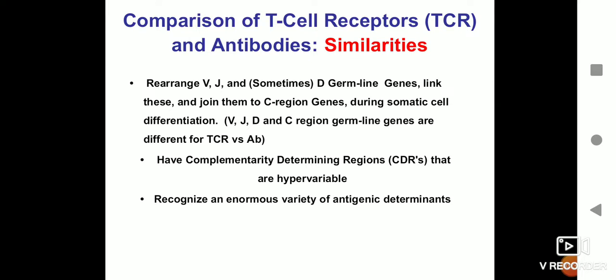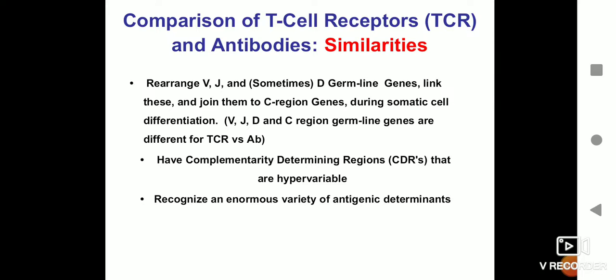The other similarity is that both T cell receptor and B cell receptor have on their tip a small region which is called the CDRs. CDR stands for complementarity determining region, and these CDRs are hypervariable in nature.